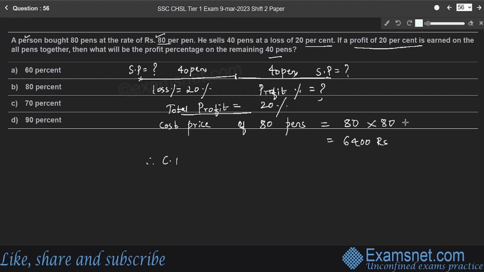Therefore, cost price of 40 pens is half of 6,400, which is 3,200 rupees. Why do we need the cost price of 40 pens? In the first case there is a loss by selling 40 pens, and in the second case there is a profit by selling the remaining 40 pens. For that we need the cost price of 40 pens, right?